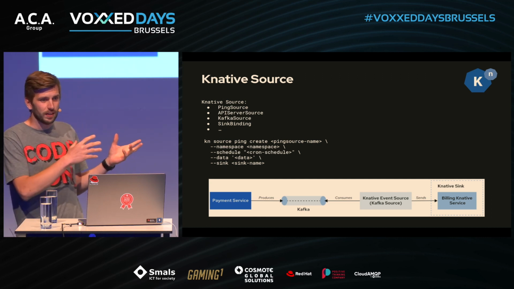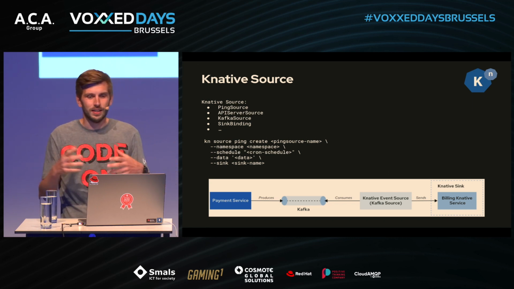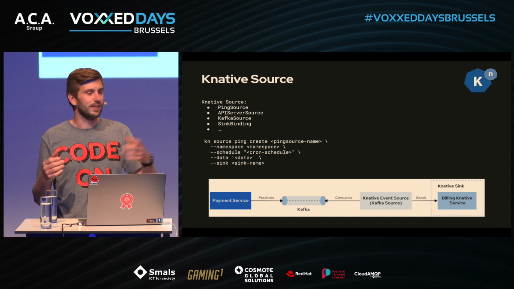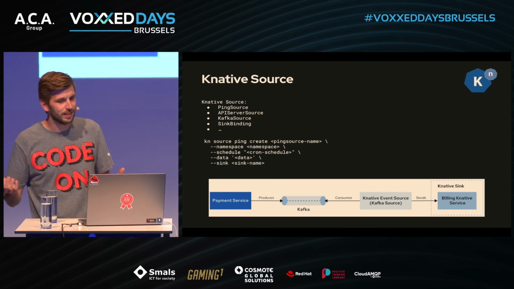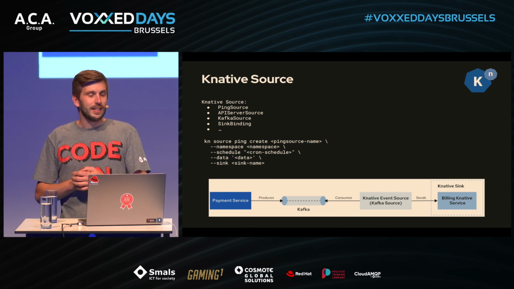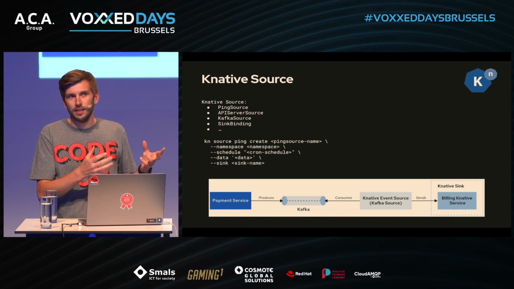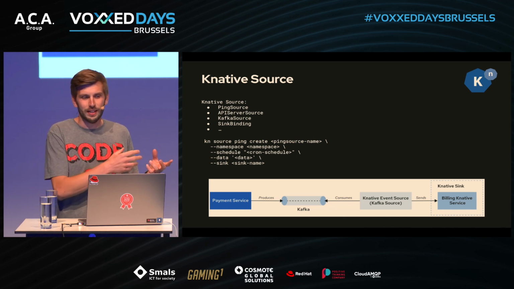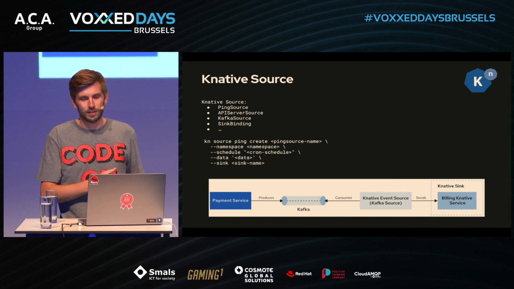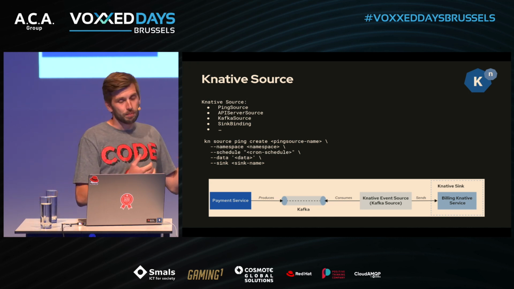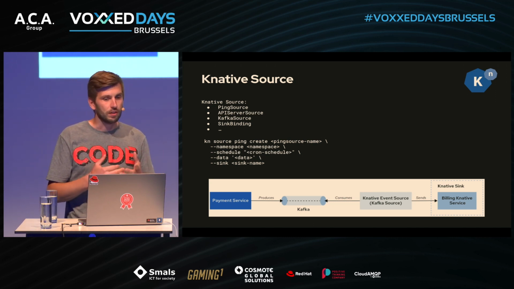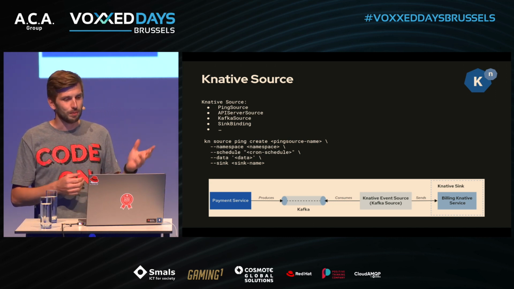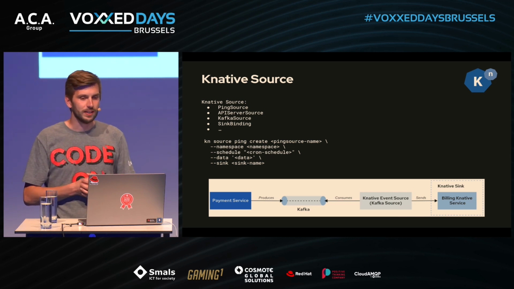So Knative sources, or source to sink, is a very simple concept, right? There is a source, there is a sink, and the source is directly sending events to the sink. But there are lots of sources already available. For example, there is a ping source that just generates events based on a cron schedule. So you specify some data and where it needs to go.